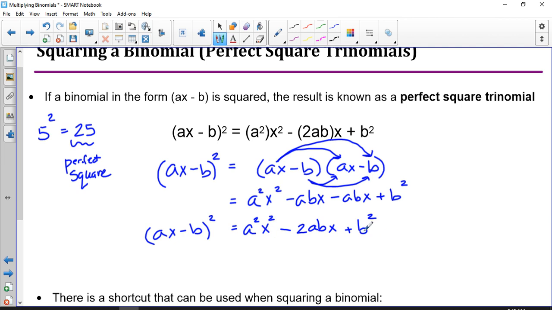Our last term is going to be b squared, and our middle term is going to be the first term multiplied by the second term multiplied by 2. So a times negative b times 2 is negative 2ab, and then x.